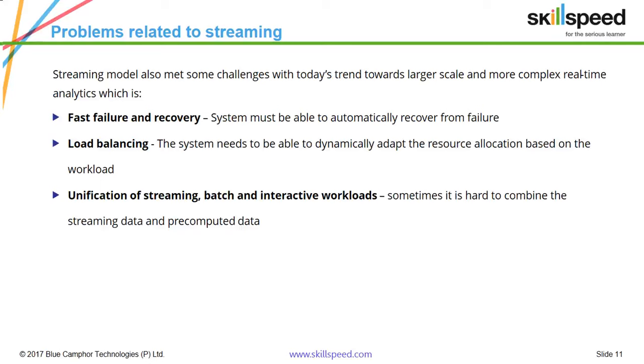Maybe there is a batch workload running in the cluster, maybe you have interactive workloads such as Spark SQL, and maybe you also want to use the cluster for Spark streaming. Whether you are doing SQL, Core Spark, or Spark streaming, all of this uses the RAM or the main memory of the machine. So when you have a polyglot of workloads, how do you manage this?